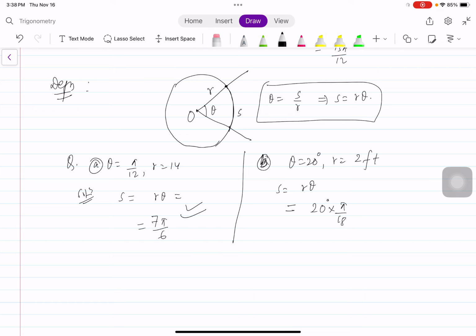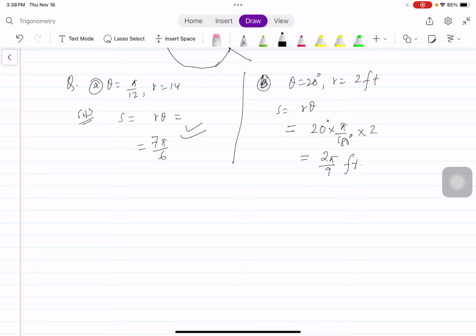Multiply by pi over 180 degrees. This will give you the corresponding radian value, and r is 2. So whatever we get, after simplification, is 2 pi over 9 feet. That's our answer. Do not forget to put units always.